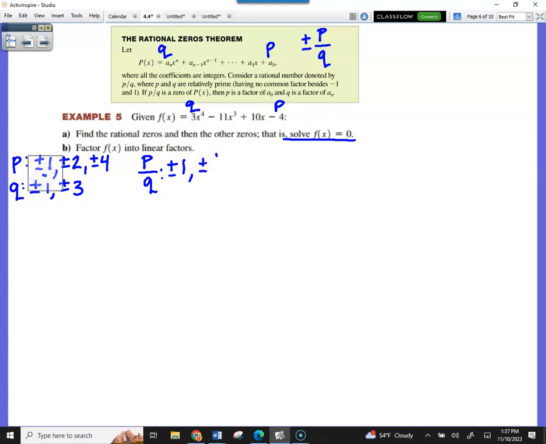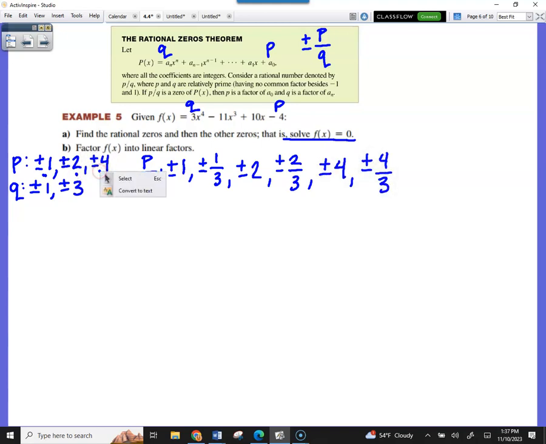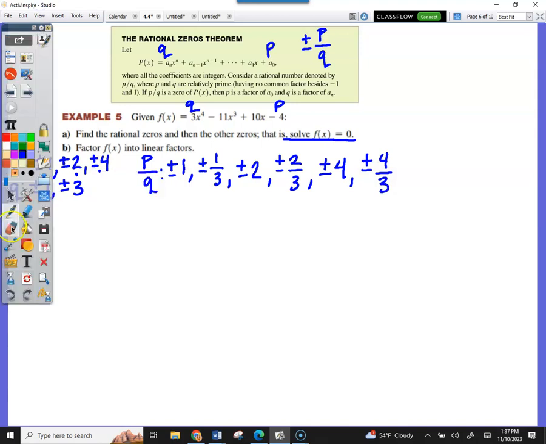Write it. Then I move my non-writing hand to the next one. 2 over 1. 2 over 3. Write it. Then I go to the next one. 4 over 1. 4 over 3. Write it. I told you you're going to be lost if you're not watching.